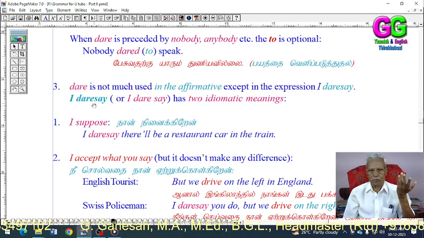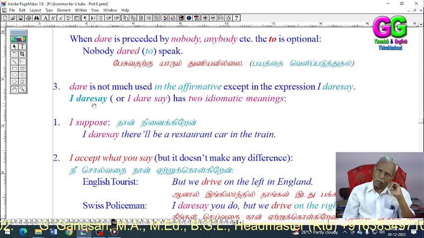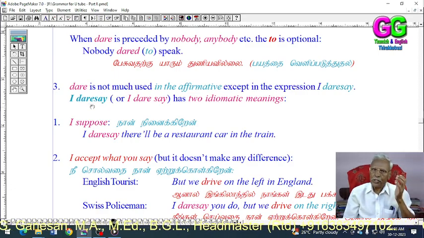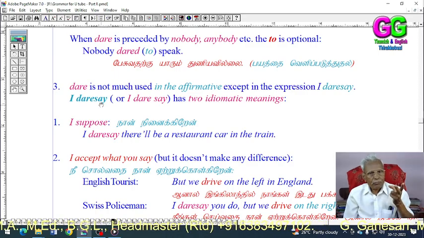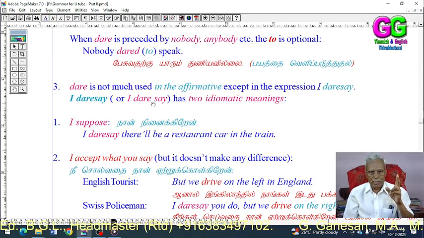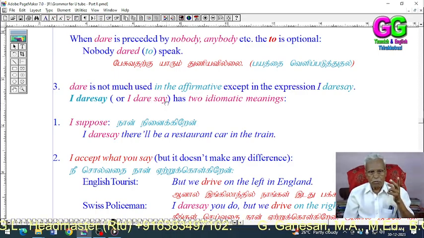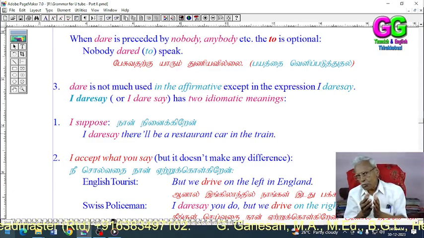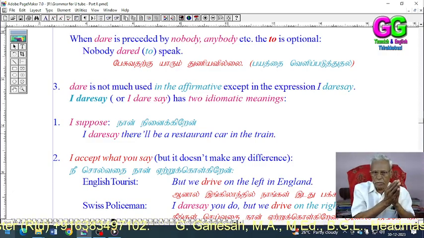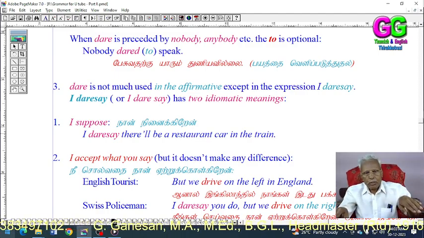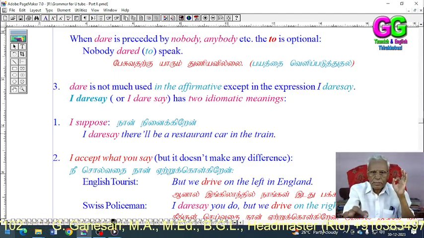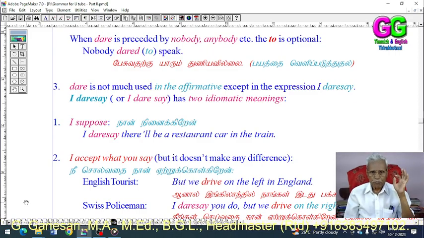In whichever way it is used, it has only two syllables. Dare say. Two syllables.